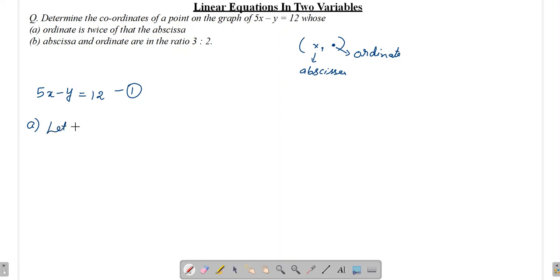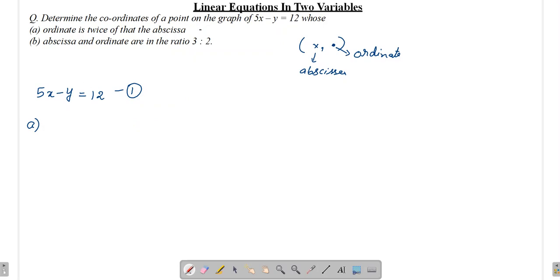So if I take ordinate as x, sorry, x is already used, so we'll take it as k. If ordinate is taken as k, then abscissa will be half of k. That will make you a confused student.